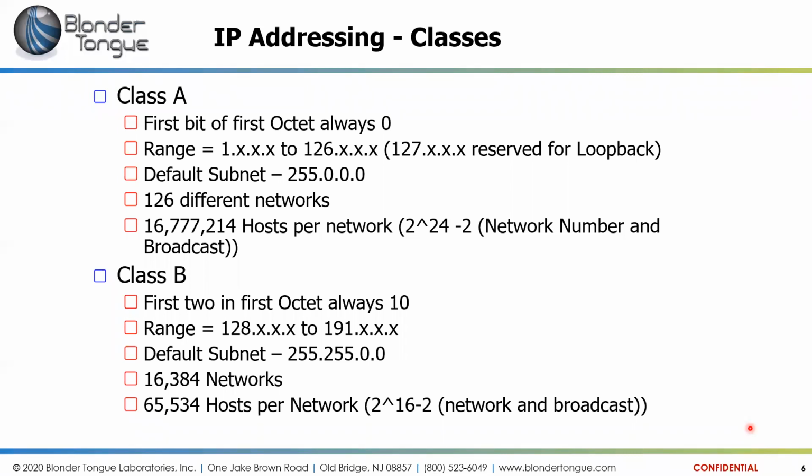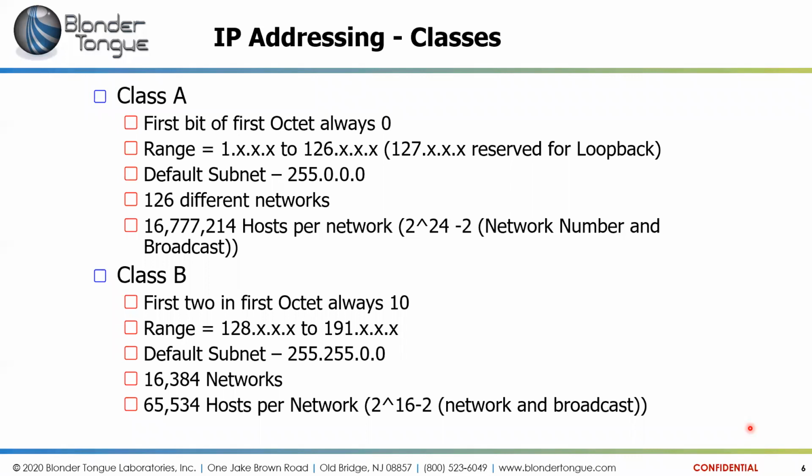And that will provide us with 16,384 networks. Each of those networks can have up to 65,534 hosts per network. So now we're working with 2 to the 16th number of hosts, minus the network and the broadcast, which gives us the 65,000 hosts available.